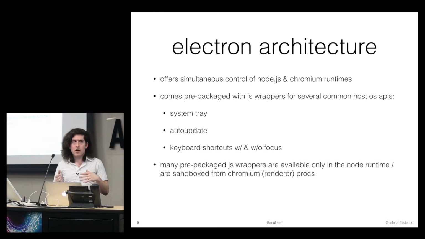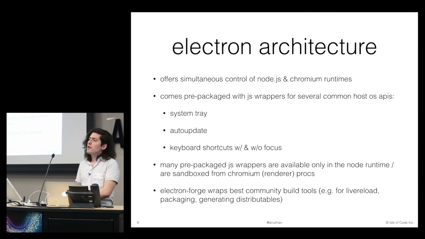So Electron's architecture actually protects you in a lot of ways from making easy mistakes when it comes to memory management or HostOS resources, requesting permissions and cleaning up after yourself.